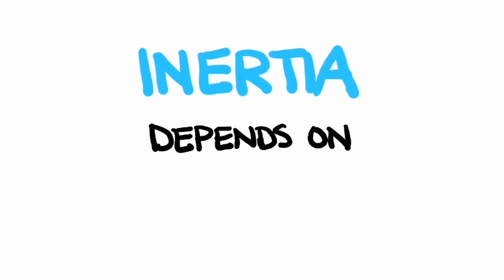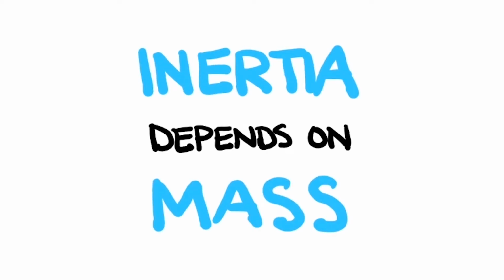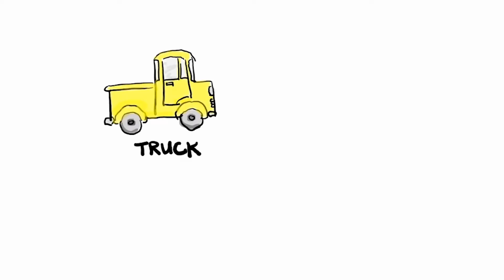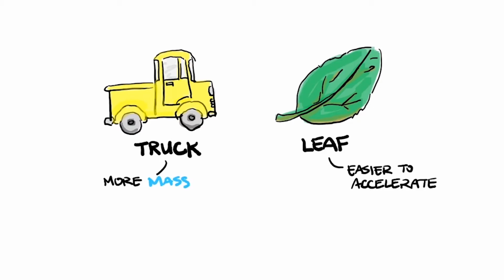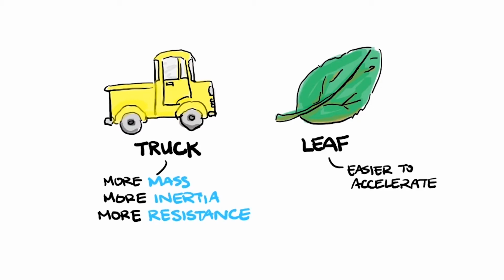And inertia depends on an object's mass. That makes sense, right? I mean, which is more challenging to change its motion, a truck or a leaf? A gust of wind will have enough force to accelerate a leaf, but not a truck, because a truck has more mass and therefore more inertia and therefore more resistance to changes in its motion.